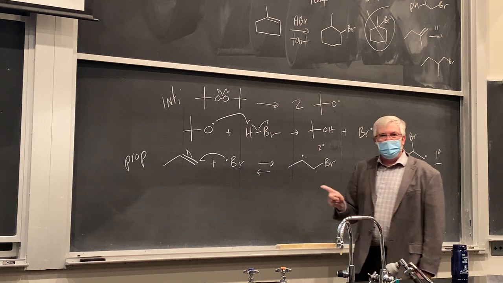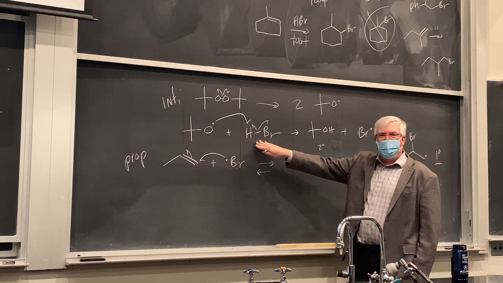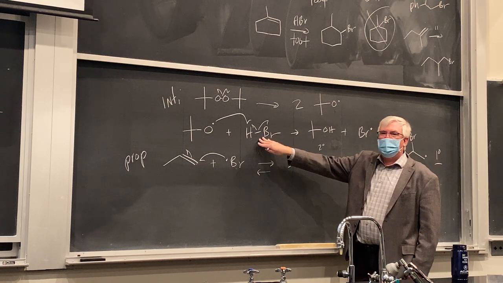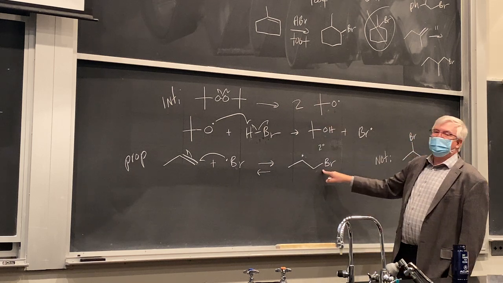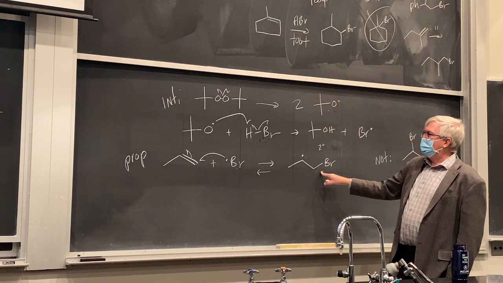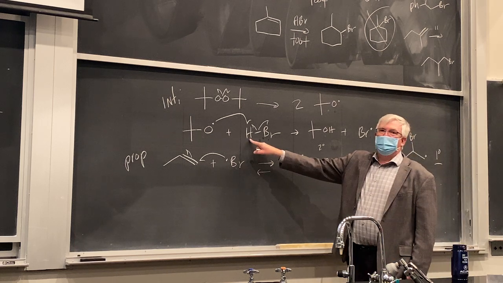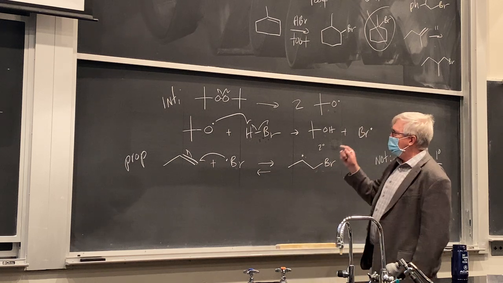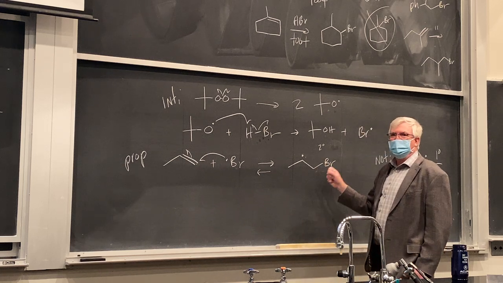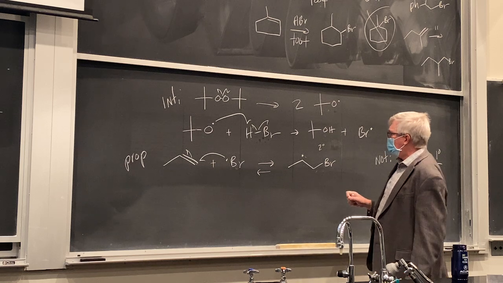Allylic bromination with NBS, we did not have HBr. Now we have HBr with an alkene initiated with peroxide. And this, if it forms, can find what? A hydrogen source. Okay, and that's the difference between allylic bromination and HBr addition to alkenes with the radical process.